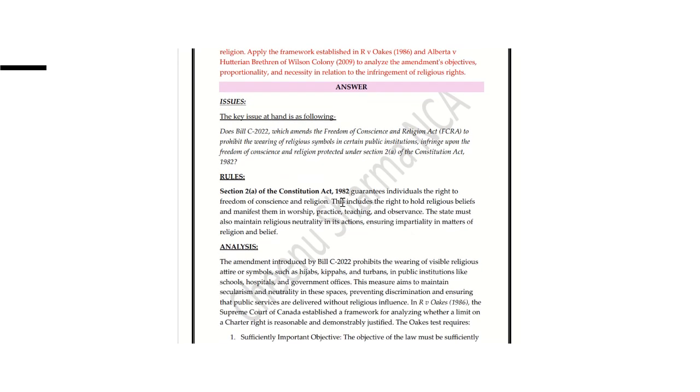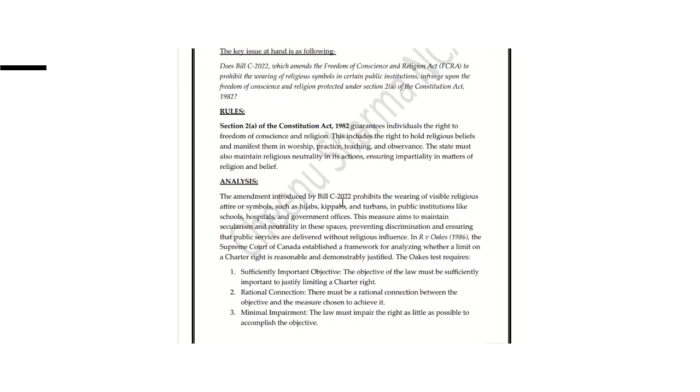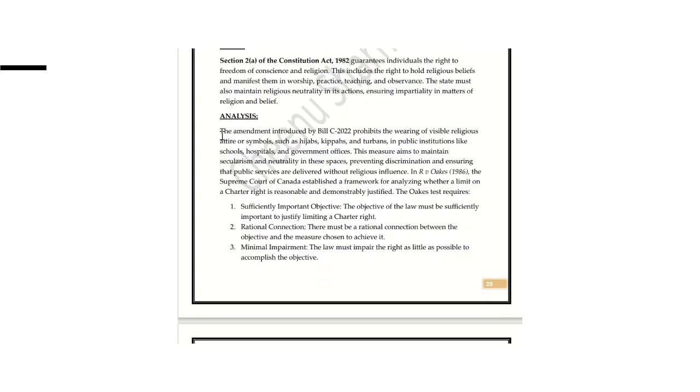So here, first key issue, then rule, section 2A, then you are analyzing the amendment. And since the question directly asks, you have to modify the wording of your analysis as per that. In R versus Oakes, the Supreme Court of Canada established a framework for analyzing whether a limit on a charter right is reasonable or demonstrably justified.